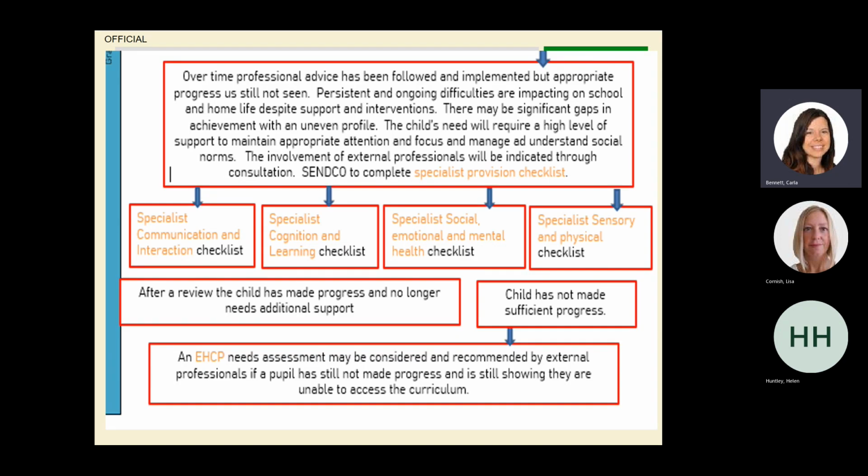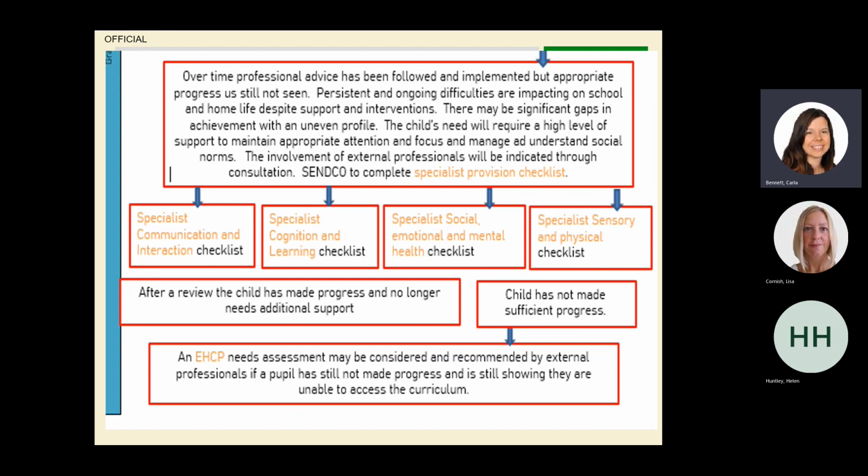Again, it might be that over time, professional advice has been followed and implemented and appropriate progress has still not been seen. There's still persistent and ongoing difficulties and are impacting on school and home life despite the interventions. And there may be significant gaps in achievement with an uneven profile. So the child will require a high level of support to maintain appropriate attention and focus and understand those social norms.